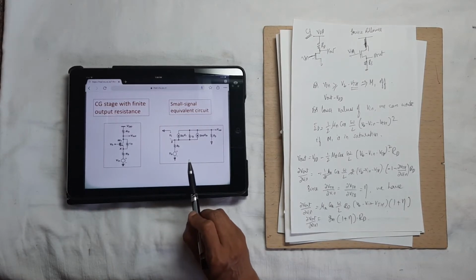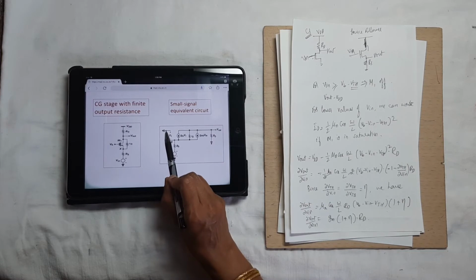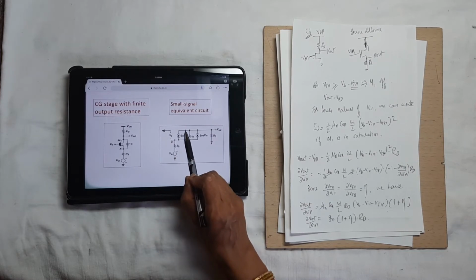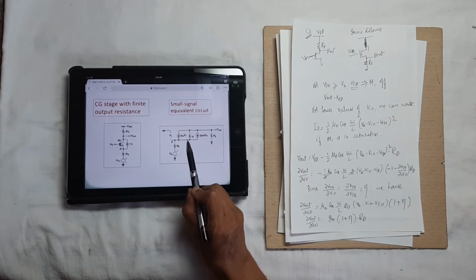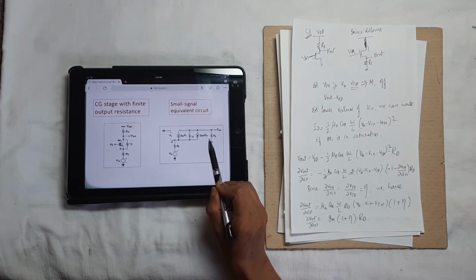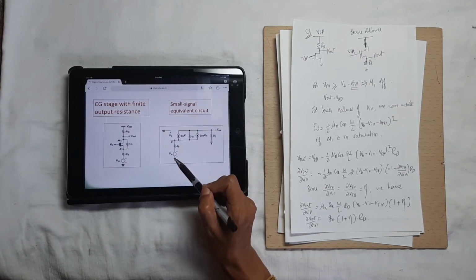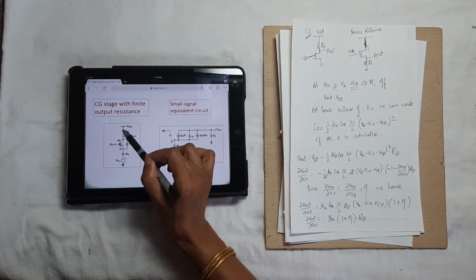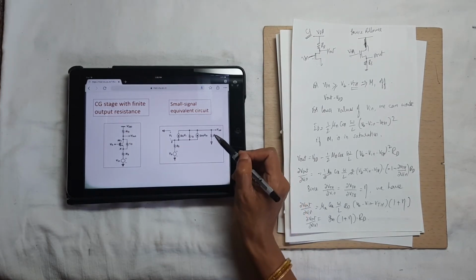Now, how can we draw the small signal equivalent circuit? This is the gate terminal, this is the source terminal, this is the drain terminal. gm into V1 is a current source. Similarly, with the channel length modulation and the body effect, we get r0 and gmb into VBS. Since this is the source terminal, from the source RS is connected and then we have Vin, and then we have the RD, and in the small signal equivalent circuit VDD becomes 0, that is grounded.